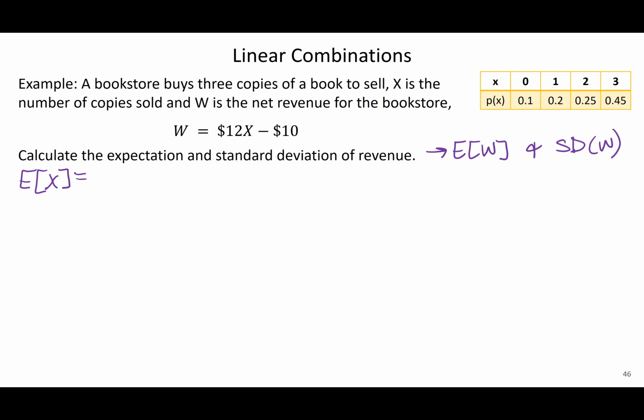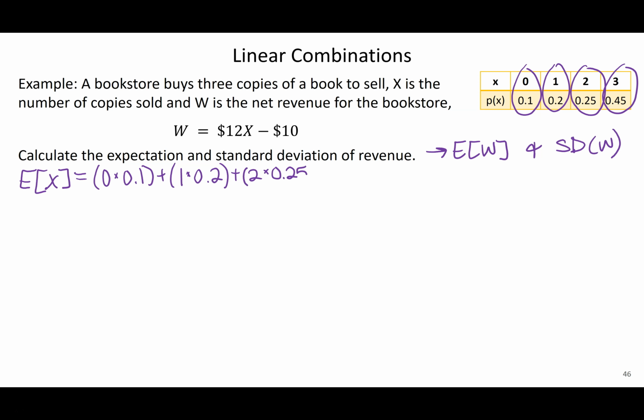So my expected value of x, I'm going to go ahead and do that setup. So 0 times 0.1 plus 1 times 0.2 plus 2 times 0.25 plus 3 times 0.45.